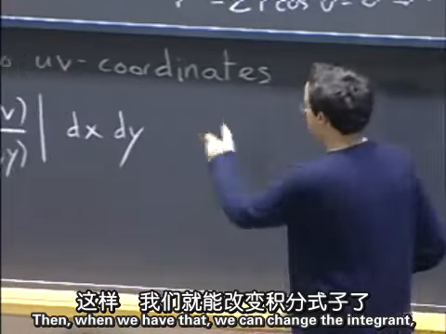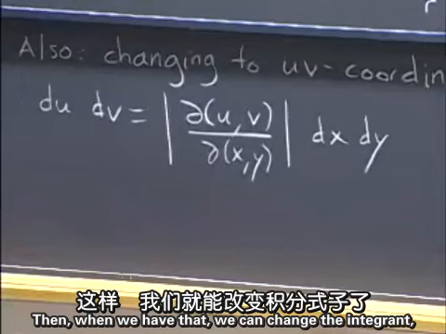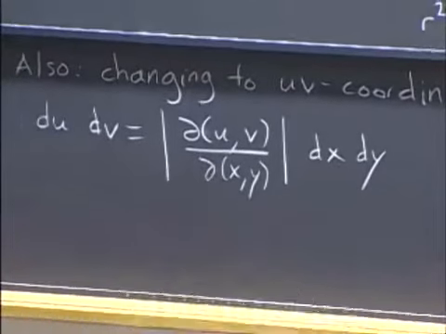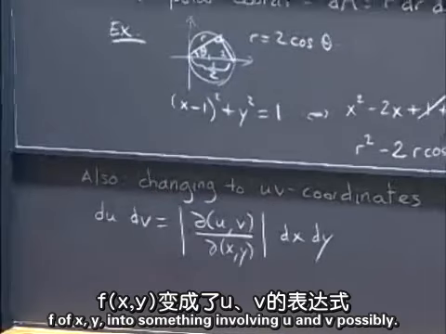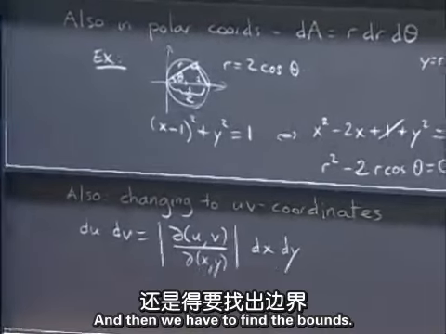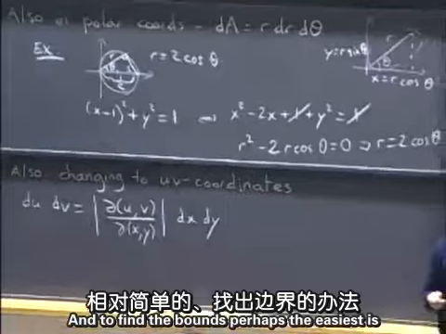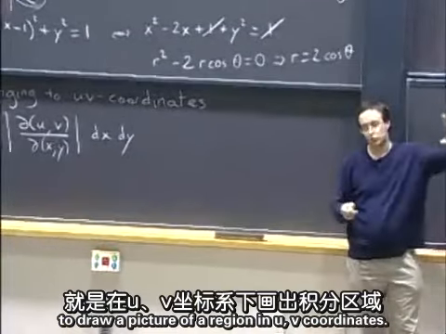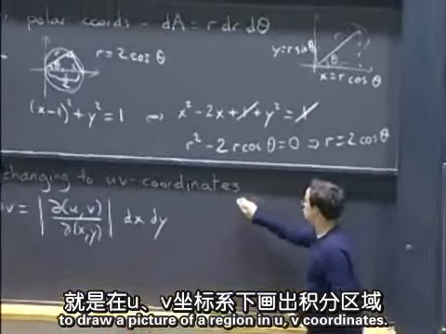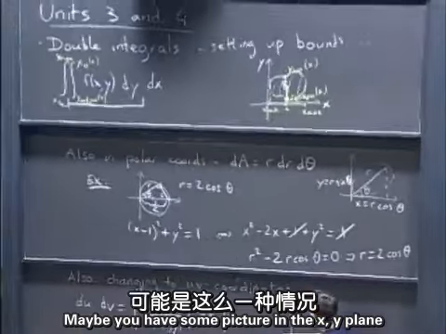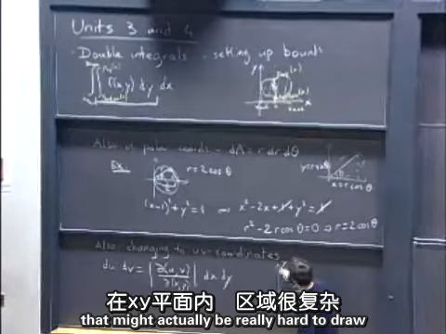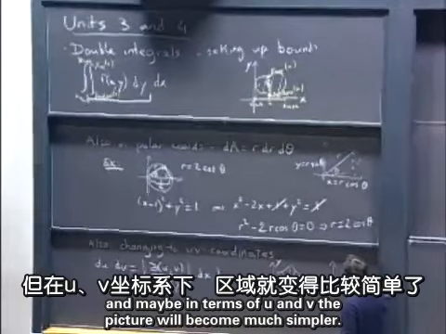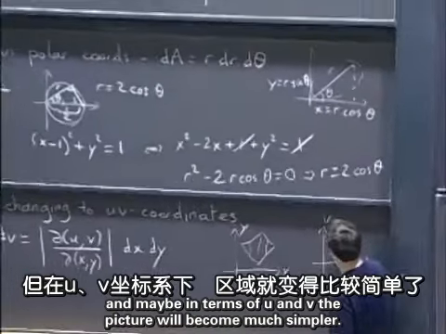So then, when we have that, we can change the integrand f of xy into something involving u and v, possibly. And then we have to find the bounds. And to find the bounds, perhaps the easiest is to draw a picture of a region in UV coordinates. So maybe you have some picture in the xy plane that might actually be really hard to draw. And maybe in terms of u and v, the picture will become much simpler.